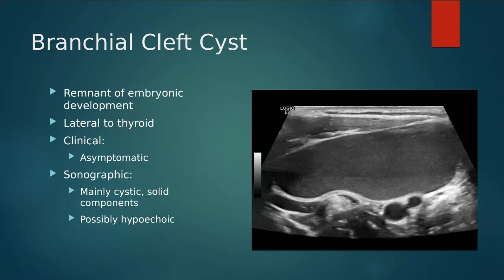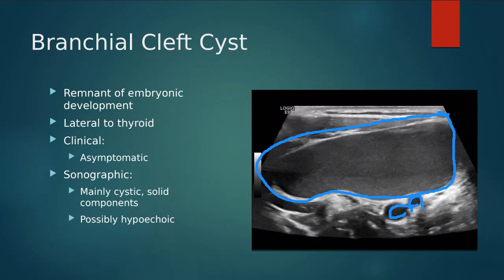So we find these lateral to the thyroid, so kind of in the neck tissue. And if we look at this picture here on the right side, we can see our carotid and our jugular here, right? So we're super lateral to that. And here is our cyst. So that whole thing is going to be that branchial cleft cyst. These are mainly going to be cystic.